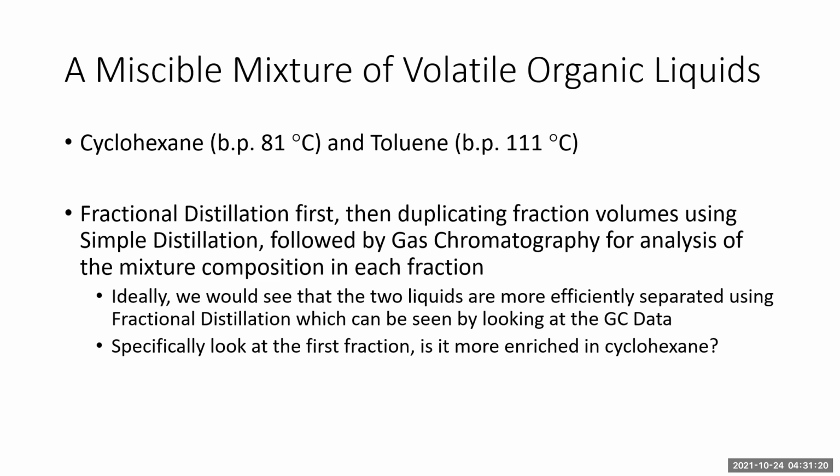And then we're going to submit samples for gas chromatographic analysis so that we know exactly how much cyclohexane and toluene is in each fraction. And ideally, of course, we would like to see that the two liquids are more efficiently separated using fractional distillation by looking at the GC data, because that would match the theory of how it's supposed to occur.